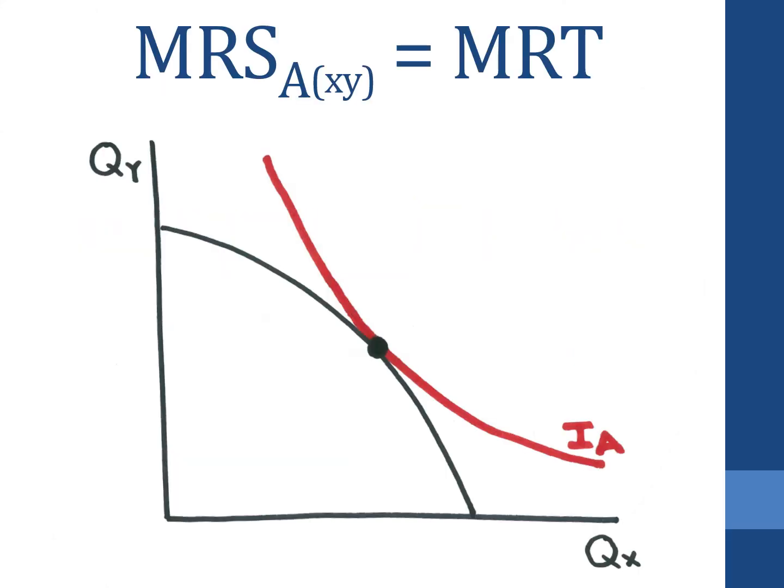So what we're going to do next is take the production possibilities frontier that we just created from mapping the production contract curve, and see if that production maps up with our exchange efficiency. Does it meet up? Does it pair up with our consumption decisions?